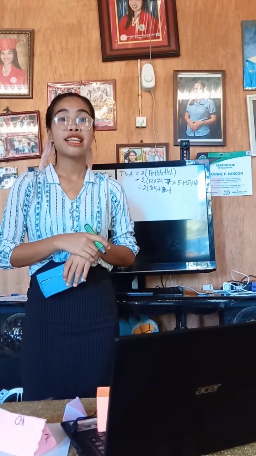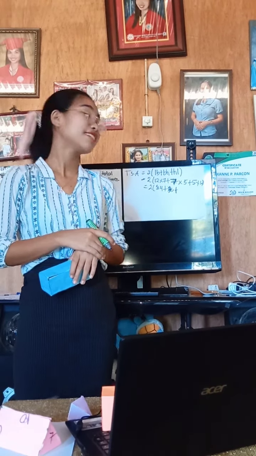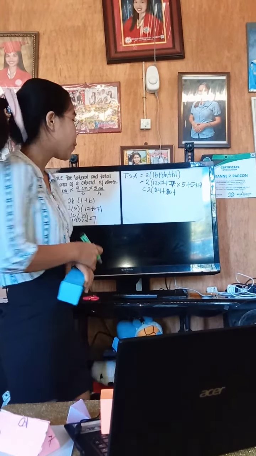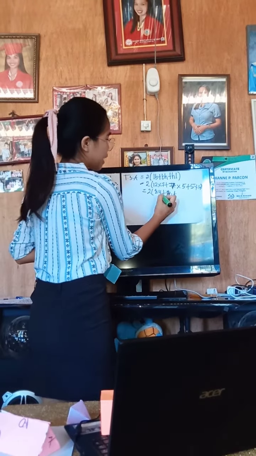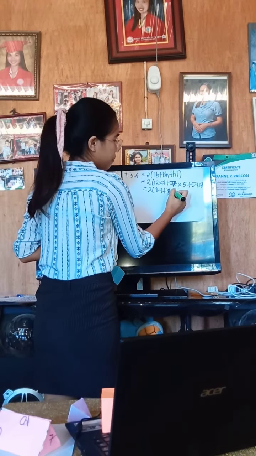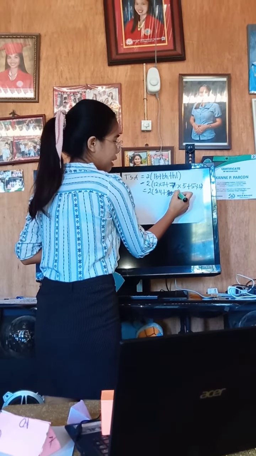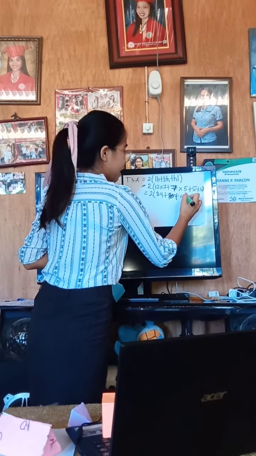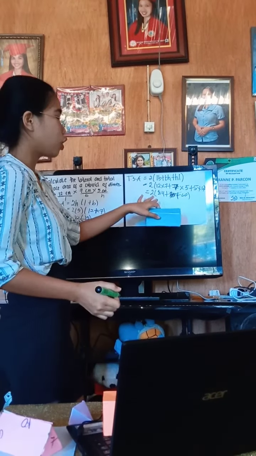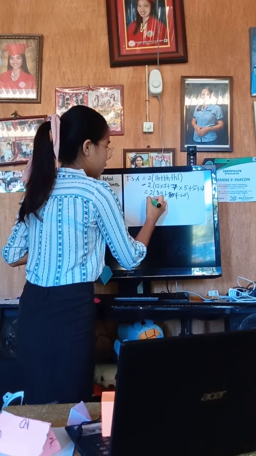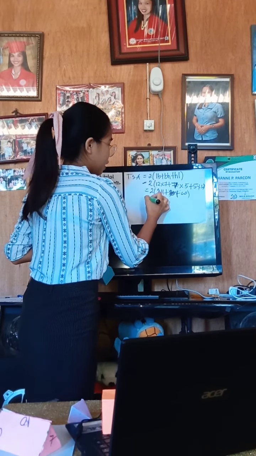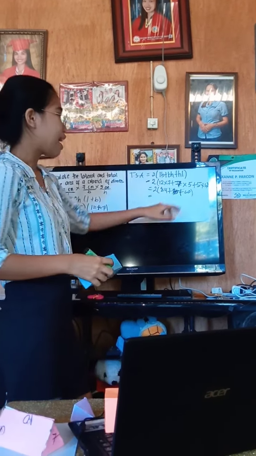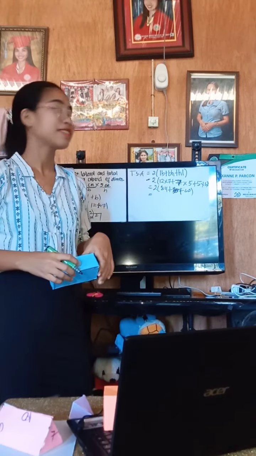So now let us first solve inside the parentheses. 12 times 7 is 84. 7 times 5 is 35. Plus 5 times 12 is 60. And then add all together, and then times 2.